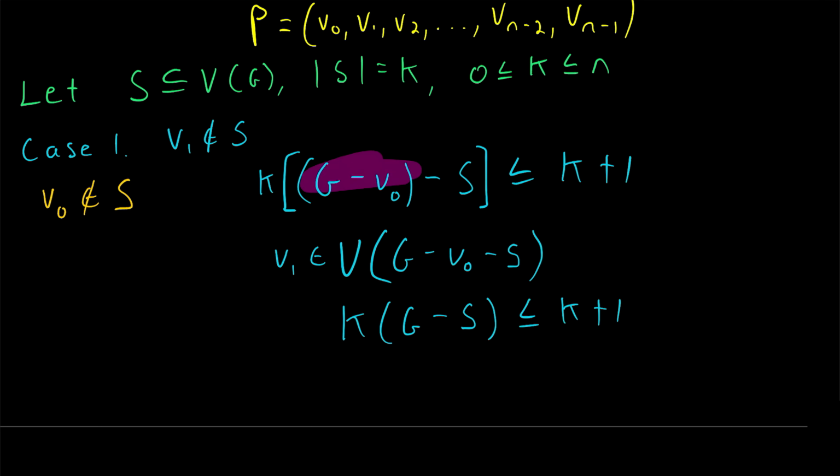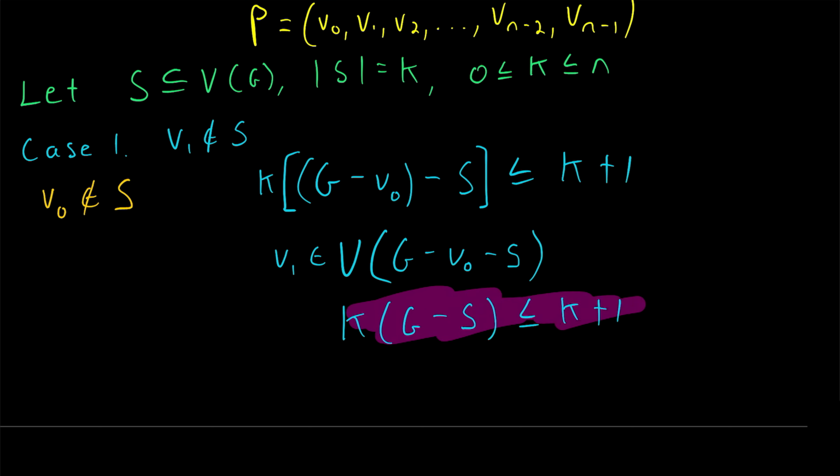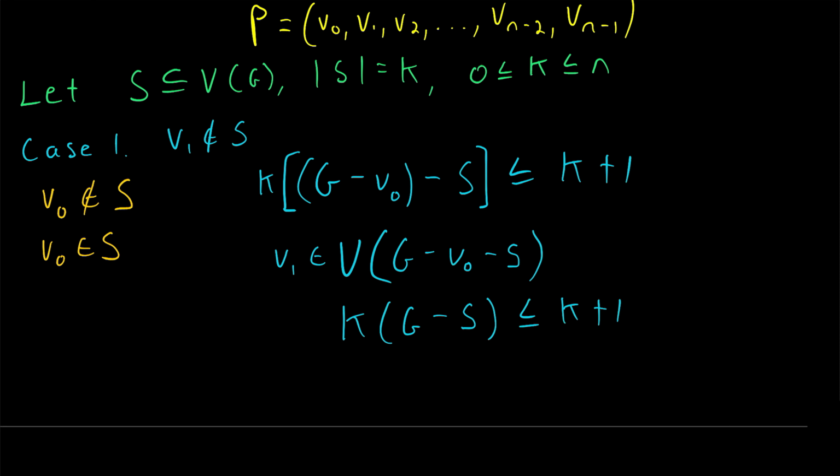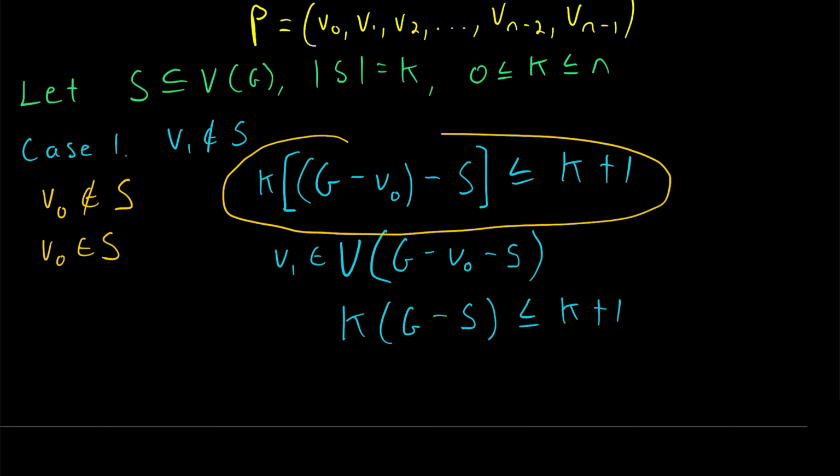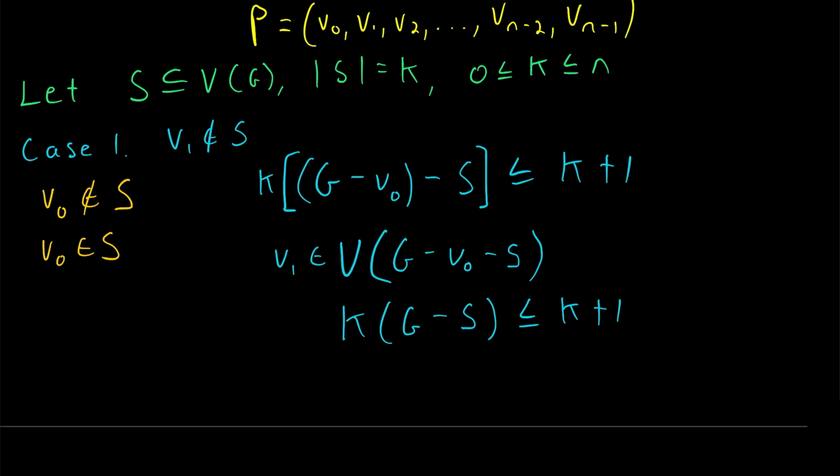So this graph, G minus V0 minus S, had at most K plus 1 components, and once we add V0 back in, we won't change the number of components, so it's still less than or equal to K plus 1. And then if V0 is an element of S, then G minus V0 minus S and G minus S are the same graphs. And so of course this inequality holds. And remember that we got this very important inequality from our induction hypothesis.